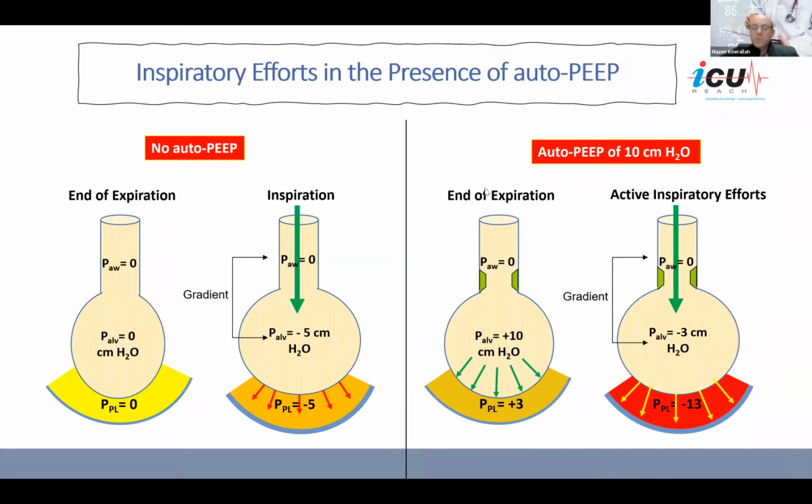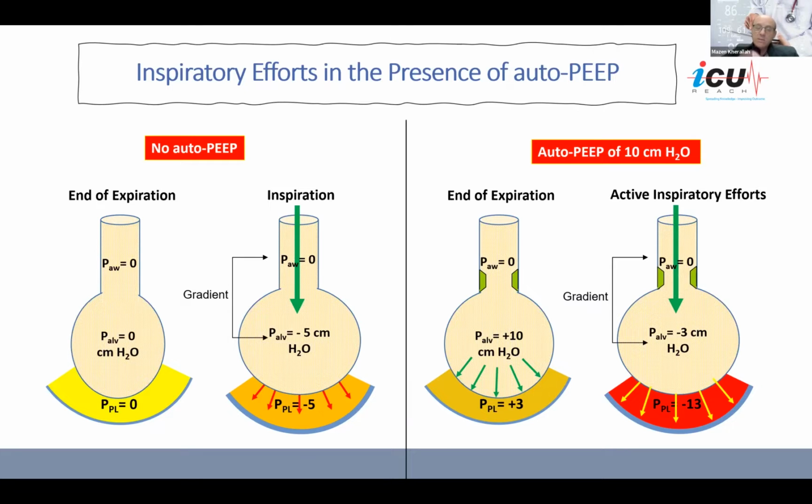So if the auto-PEEP is 10 centimeters, before generating any flow, it has to go down to -1, -2. So you can generate a flow at -1, -2, and then how much is that flow? You determine the trigger level for the flow, and then the response will be faster.